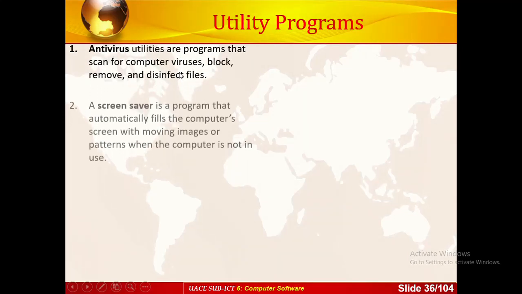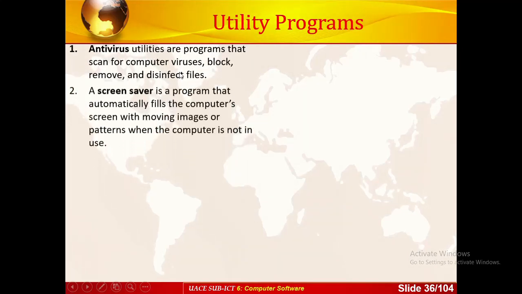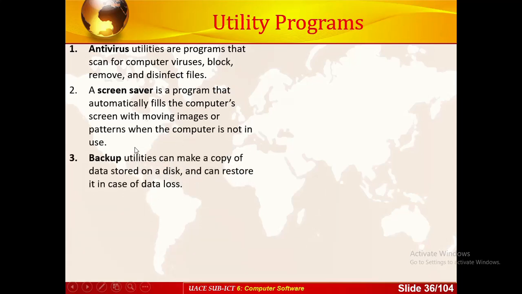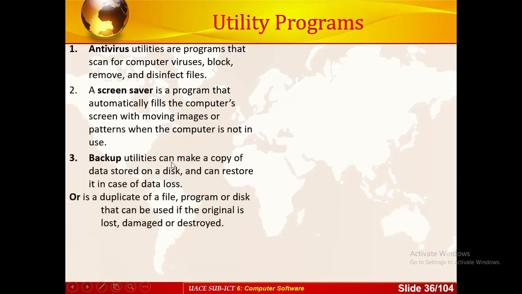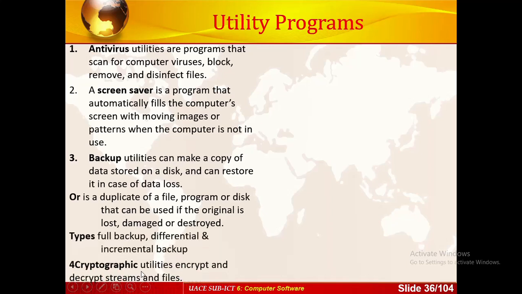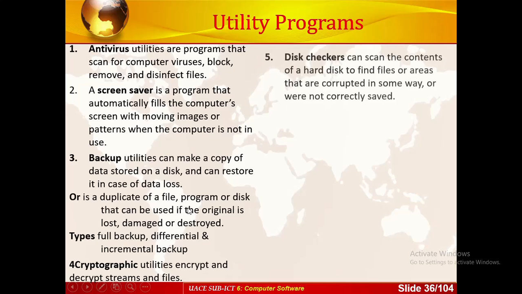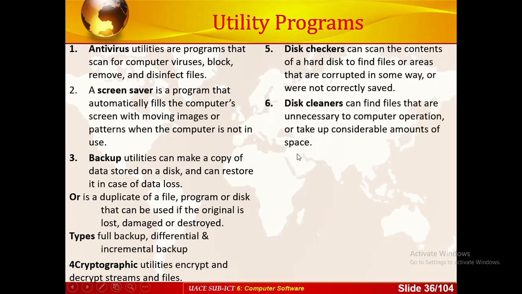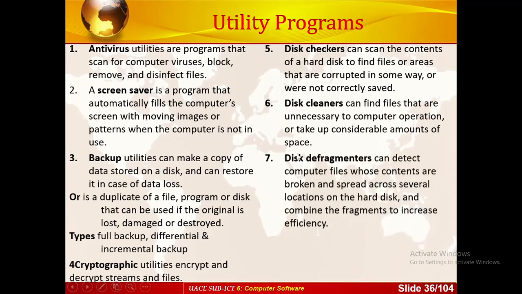Antivirus, of course, helps to scan for viruses. Screensavers, and backup utilities where you can make copies, or what you call replication of copies. You have the cryptographic utility program that encrypts and decrypts files. Disk checkers, disk cleaners, these all clean the disks.